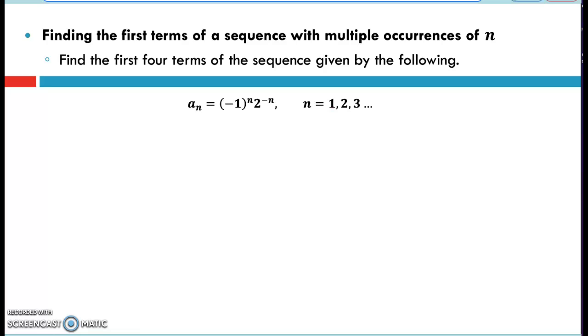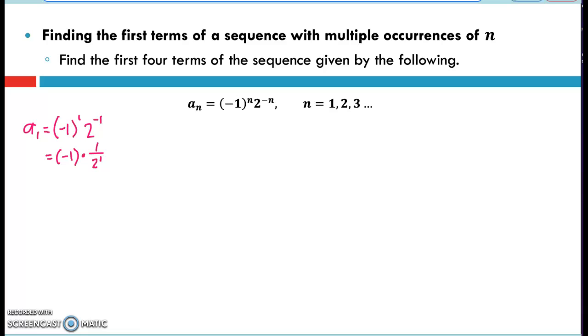Again, what we need to do is we need to plug our n's in one at a time. So our first term, a sub 1, is going to be -1 to the 1 times 2 to the -1. Now why is this one a little bit different? Well, -1 to the 1 is just going to be -1. But then 2 to the -1 is 1 over 2 to the 1, right?